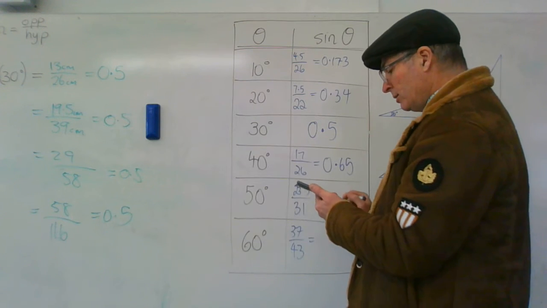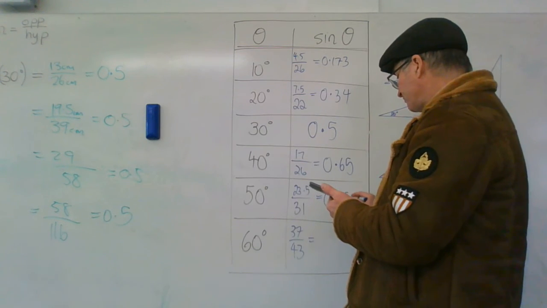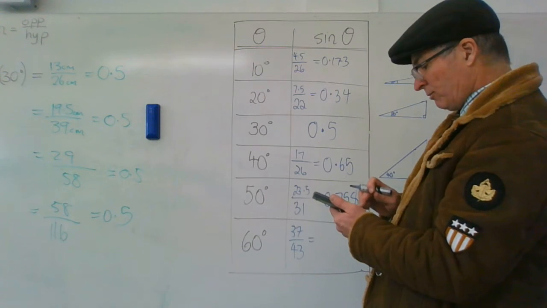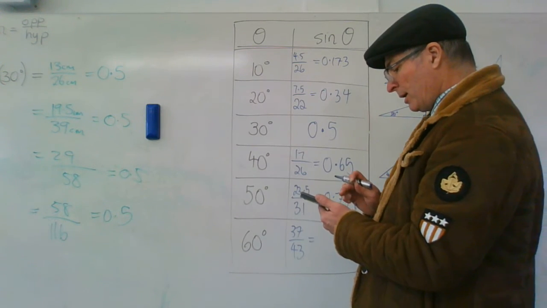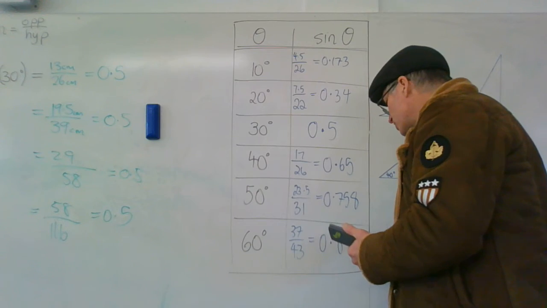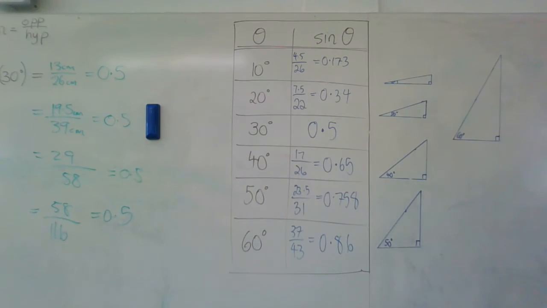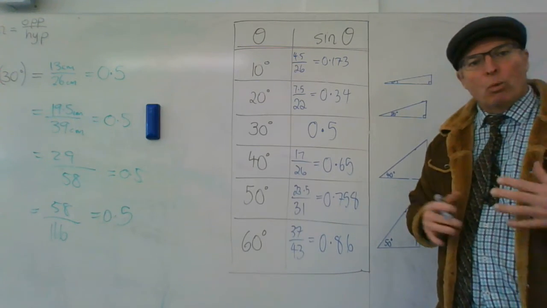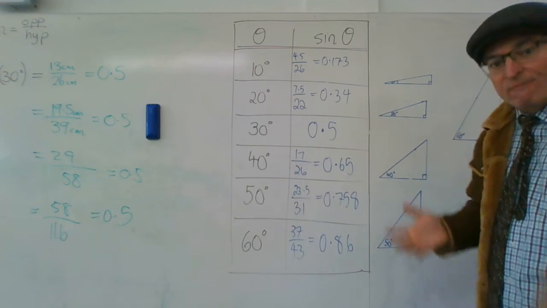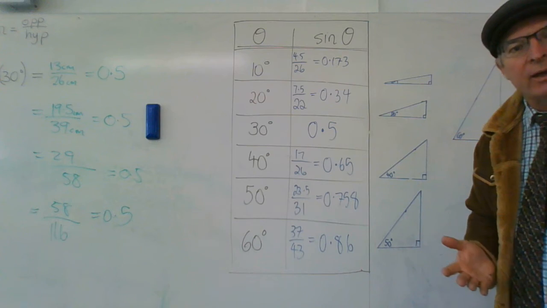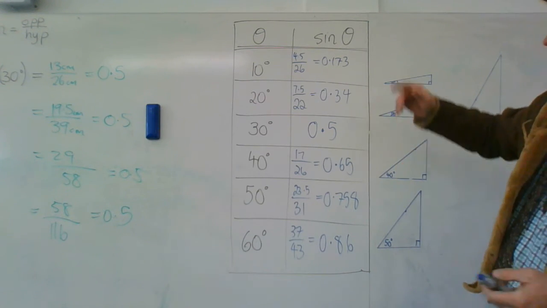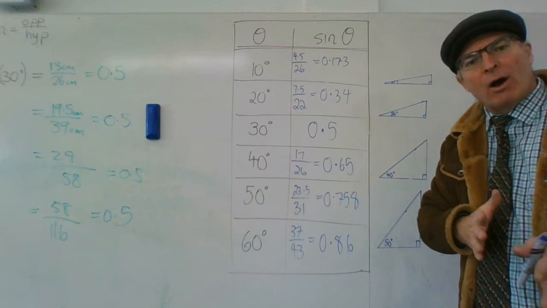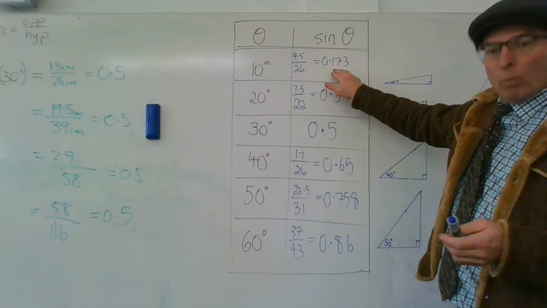And I get 0.758. And 37 on 43. And I get 0.86-ish, right? So that's from measurement, roughly what I would expect every time for every triangle that's right-angled, that has 10 degrees in it, the opposite side divided by the hypotenuse side is 0.173.